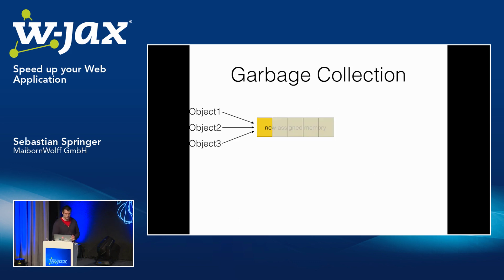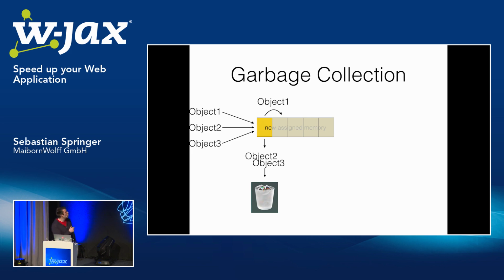And this works as follows. You create objects which are stored in the yellow section in the new generation, and the new generation is fragmented as well. As soon as one fragment is getting full, objects that are used are being transferred into the next section, and then the section is cleaned up, and everything that is not used is thrown away.